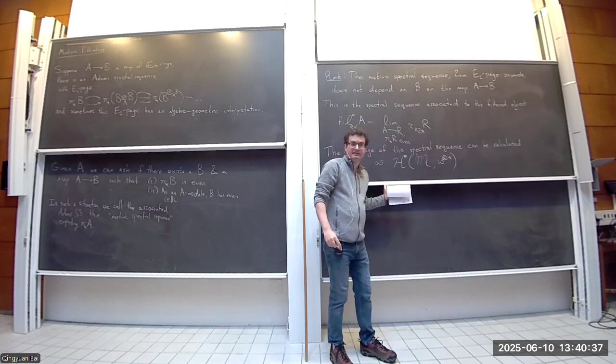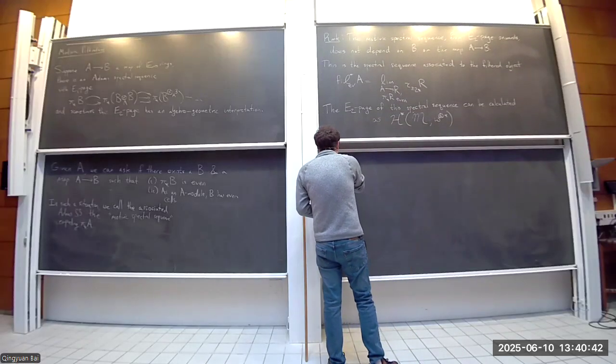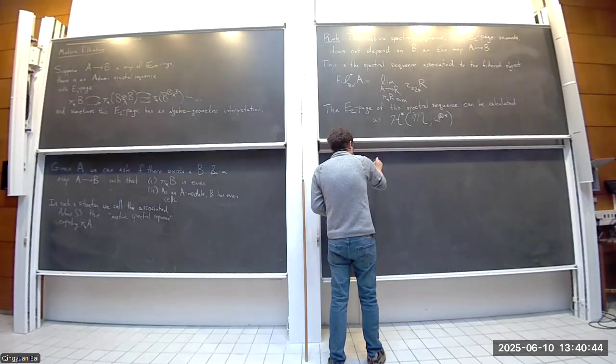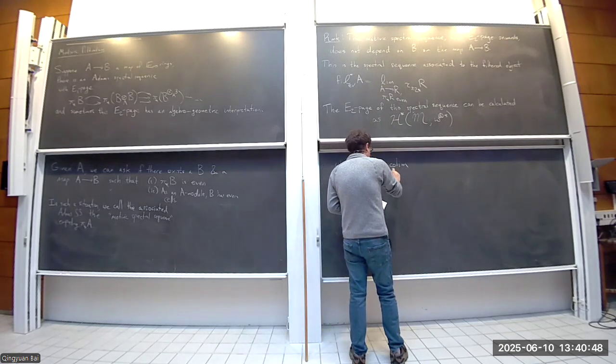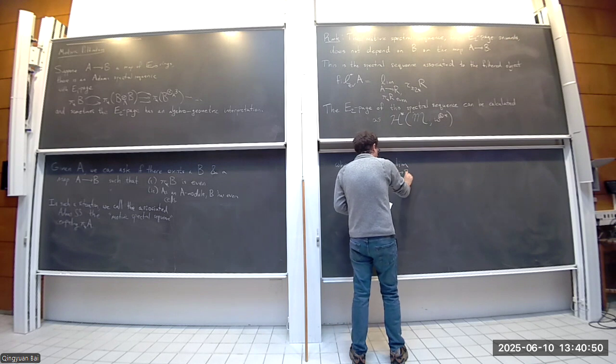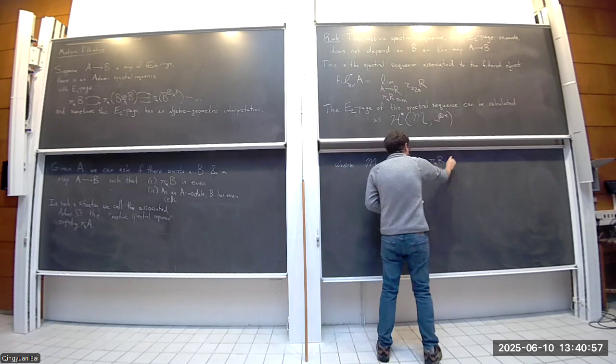And let me tell you what that stack is. That stack is the colimit over all maps from A to R, even.